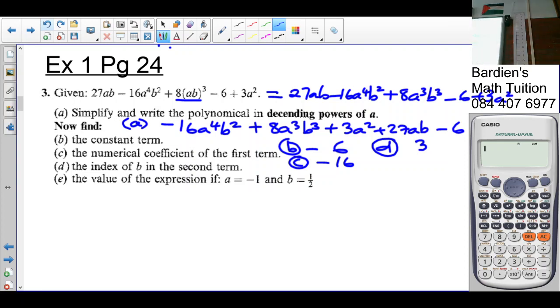Let's look at E. In question E, find the value of the expression if a is equal to -1 and b is equal to a half. So here we must do substitution. So wherever I see a, I put the -1.